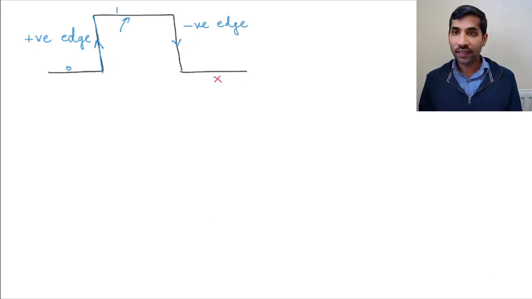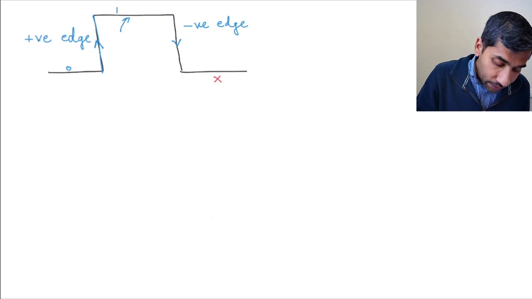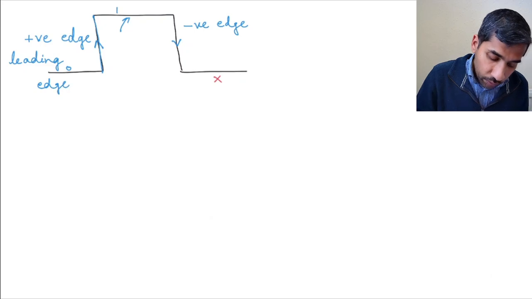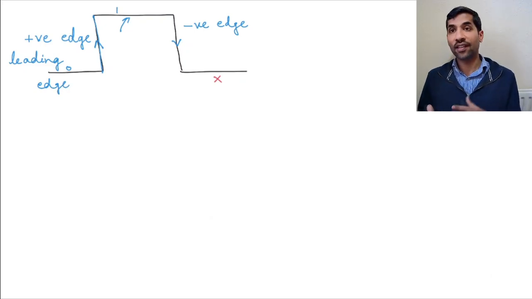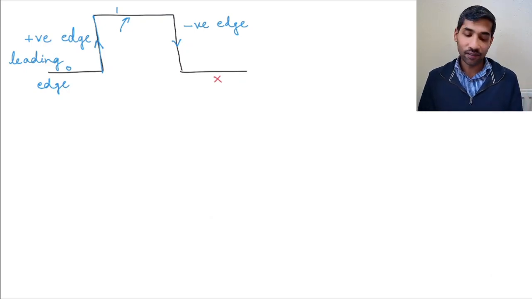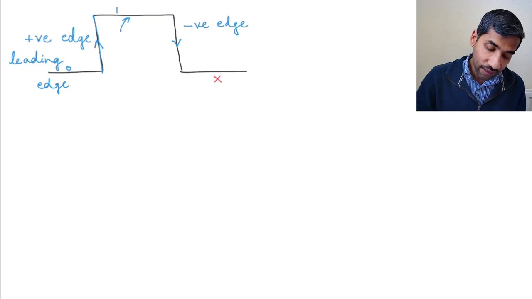Another way of calling these edges: you call this the leading edge, because it comes first, it leads, right? While this edge can be called the trailing edge.